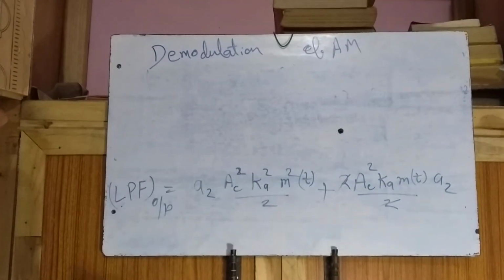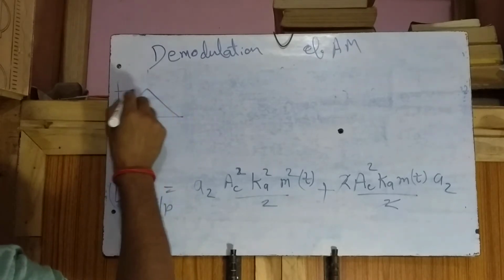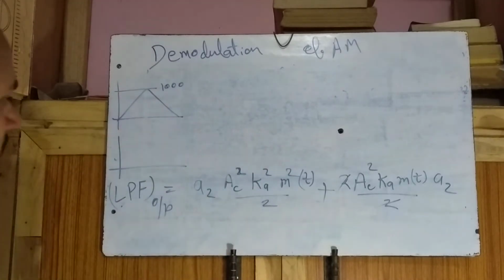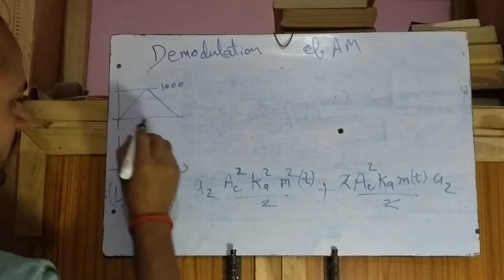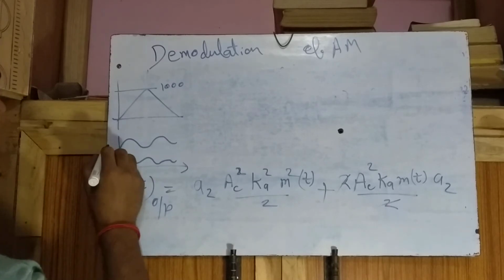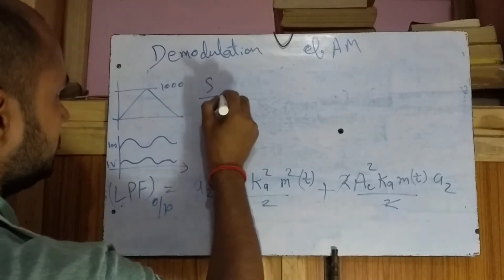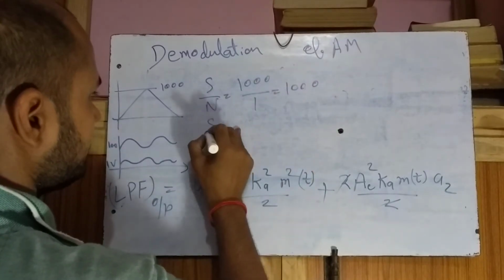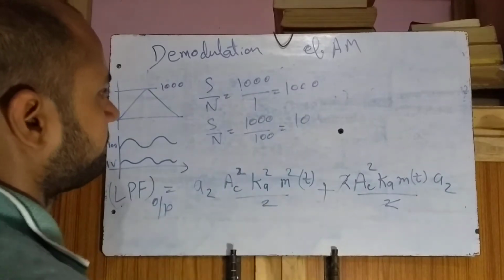See some analysis. If I have an arbitrary signal like this with amplitude 1000, and we pass it through the channel, it will have some noise. I am considering two types of noise, one with 1 volt and one with 100 volt. So the signal to noise ratio in the first case is 1000 by 1, that is 1000, and in the second case 1000 by 100, that is 10.